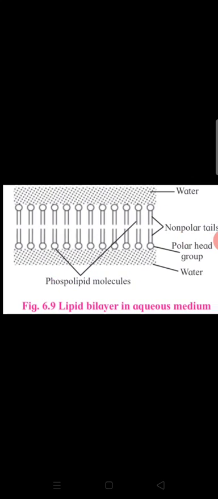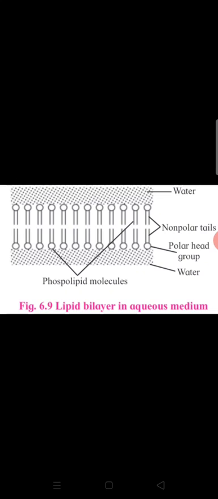Now we will see about next type, compound lipids. So here also we are watching on the screen, there is an example of phospholipid. Phospholipid is an example of compound lipid.